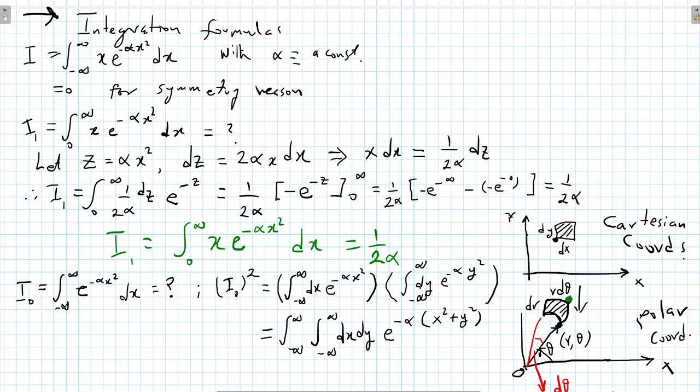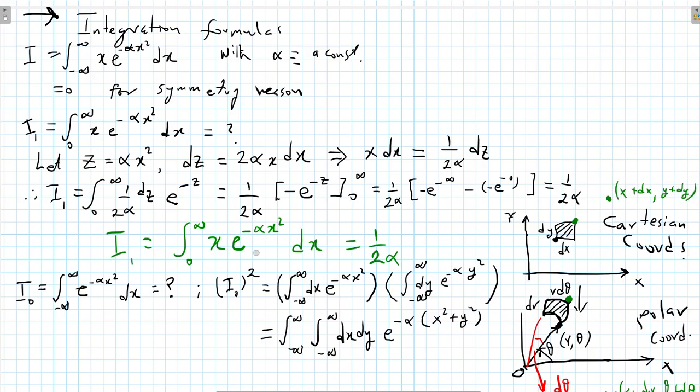So the green point is r plus dr, theta plus d theta, and the green point here is x plus dx, y plus dy.